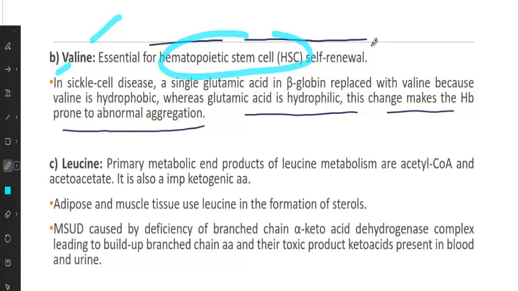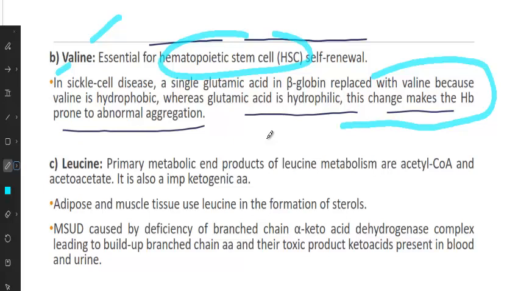What is a hematopoietic stem cell? How are they developed? Which cytokines are involved? Which hormones are involved? A lot of questions are going to be asked. That's why I thought I should not leave this topic. Now you can see leucine. This is also a ketogenic amino acid, which I have discussed just now.